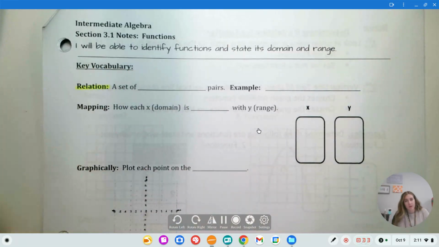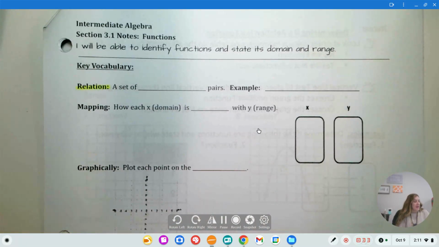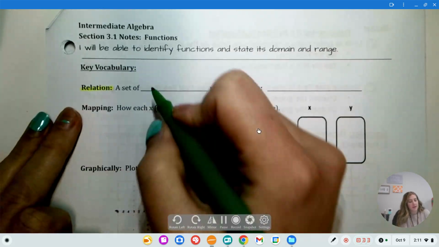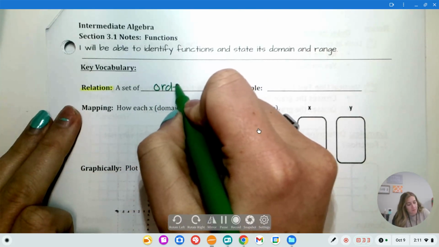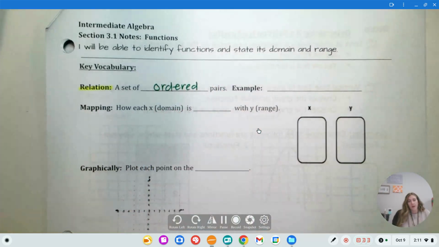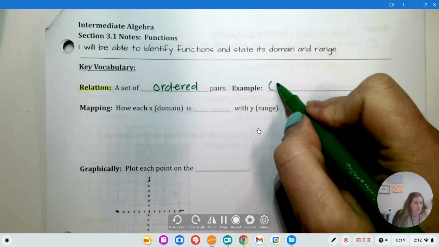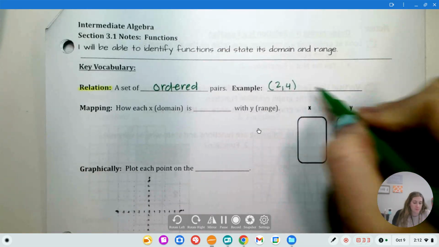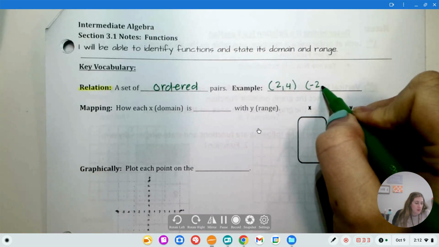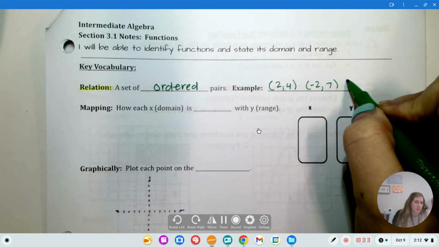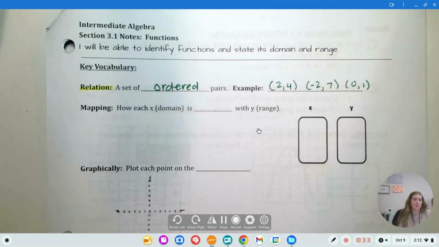So relation is our first one. And this is a set of ordered pairs. And here's an example. When I say ordered pair, we're talking about points on a graph. So something like (2, 4), (-2, 7), and (0, 1).